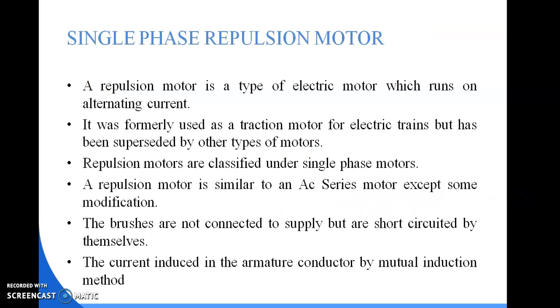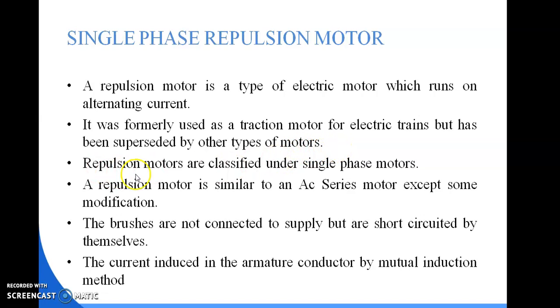Now, the single phase repulsion motor. A repulsion motor is a type of electric motor which runs on alternating current. It was formerly used as a traction motor for electric trains but has been surpassed by other types of motors.